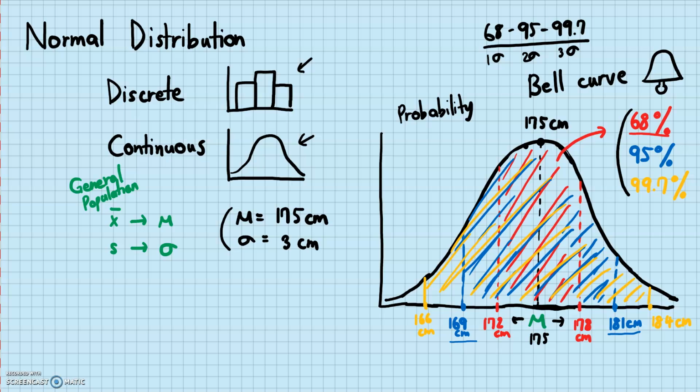Now, based on this information, we can actually deduce the areas under the curve for some of these intervals. So let me actually draw another curve to the right here, or to the left.